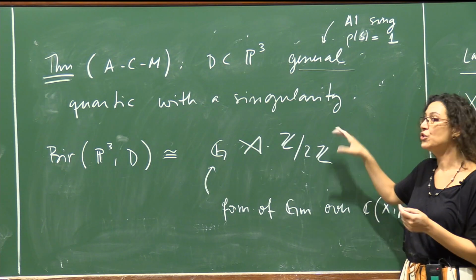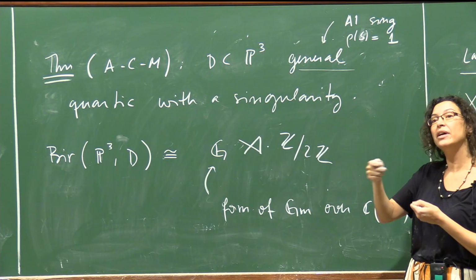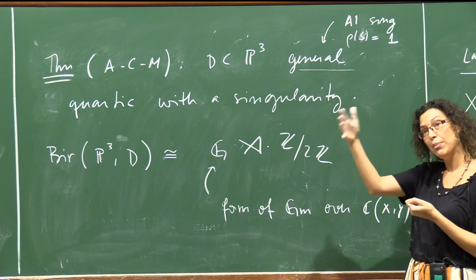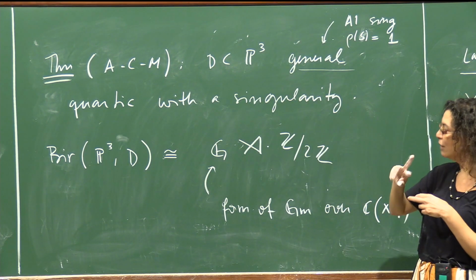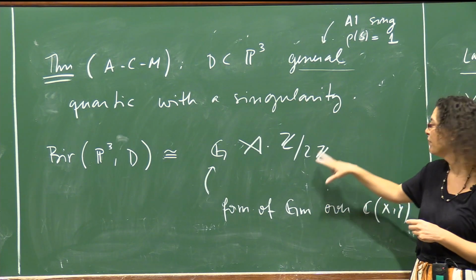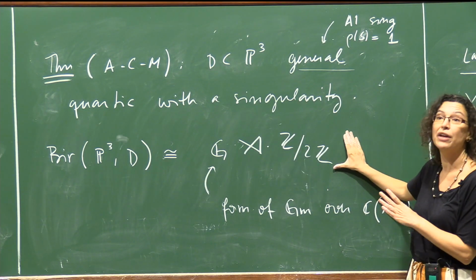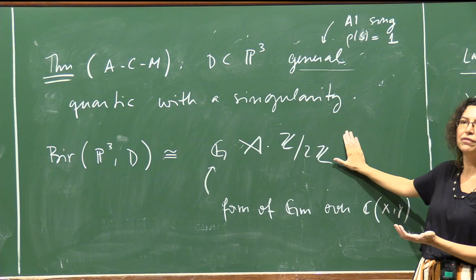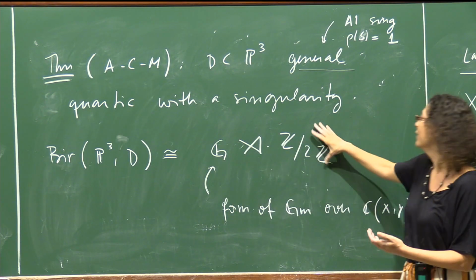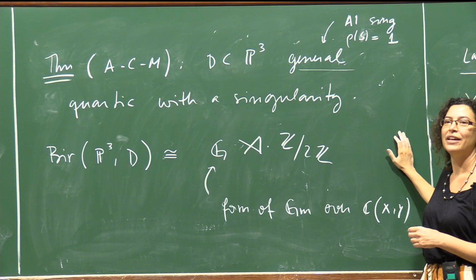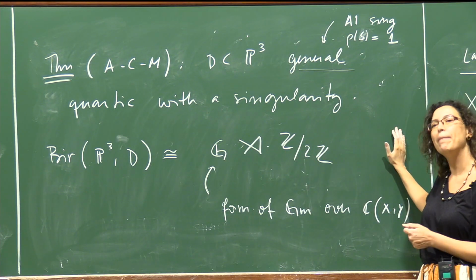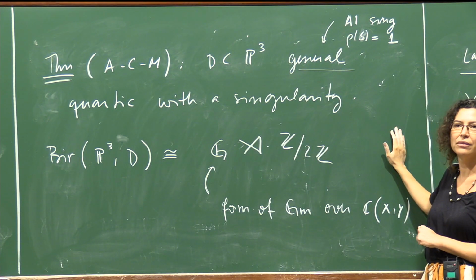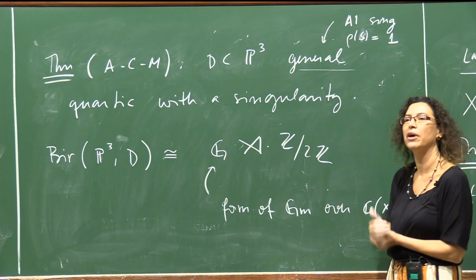It's just an involution. You can project from the singular point. This gives you a 2-to-1 map to P2, and then the involution associated to this ramified cover is the generator of the birational group of the quartic. And so this gives you actually a surjection onto the birational group of the quartic, which is in this case very simple. It's just this part here.